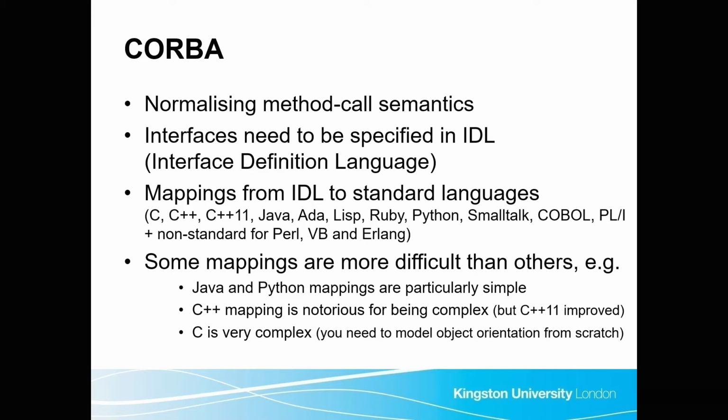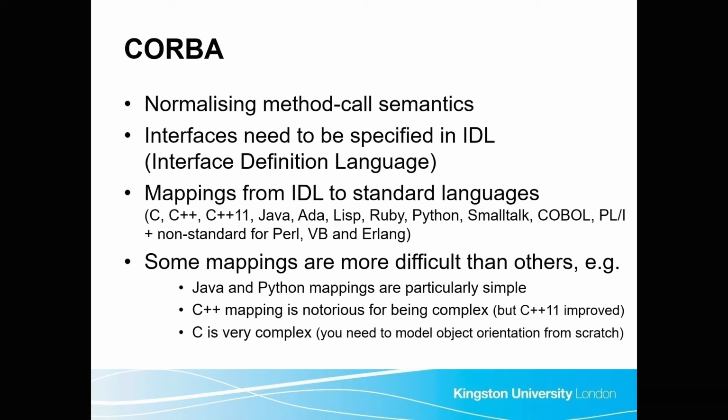However, it has to be stated here that some mappings are much more difficult than others. So, for example, Java and Python mappings come naturally, and they are particularly simple. So, the CORBA standard is actually the favorite one for Java and Python programmers. C++ mapping is notorious for being complex. There is some improvement with C++11, but still, even if formally CORBA is language independent, you can see here some clear preferences.